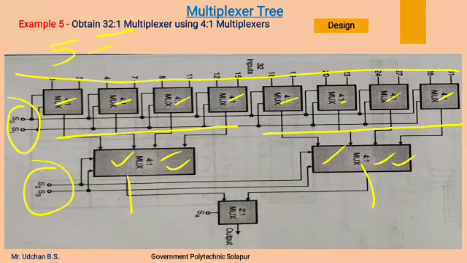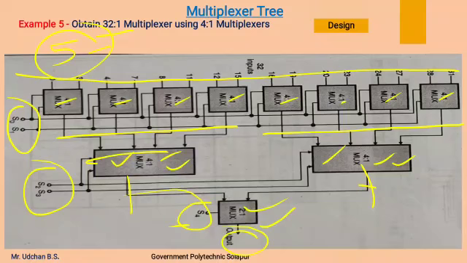Now our requirement is to have 5 select lines. We now have 4 select lines. So to have the next select line, we have to use a 2:1 multiplexer which will have a select line S4, and the 2 outputs of these 4:1 multiplexers are connected to this 2:1 multiplexer, and it will give us the final output.